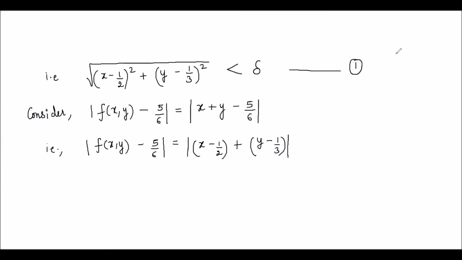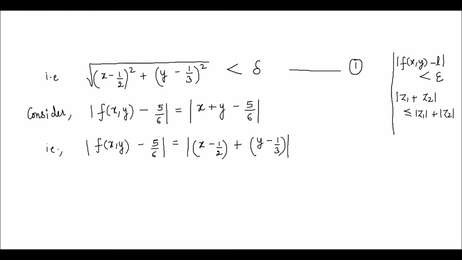Now if you remember the epsilon-delta definition, we consider that the mod of this difference is less than epsilon. Right now we have mod of f(x, y) minus L equal to this expression. We have equality, so we will try to convert this equality into an inequality. We know that mod of z1 plus z2 is less than or equal to mod of z1 plus mod of z2.